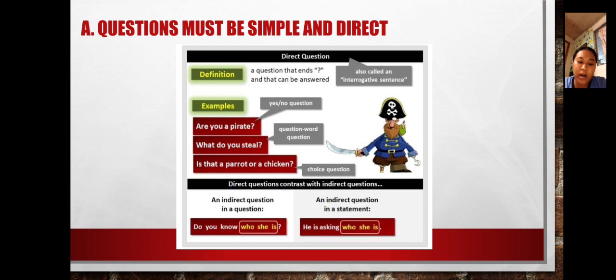The pirate answers, yes or no question. Next, what do you steal? Is that a parrot or a chicken? So, it is simple and direct. It means that what you ask is simple or straightforward, so it is easy for them to answer you.